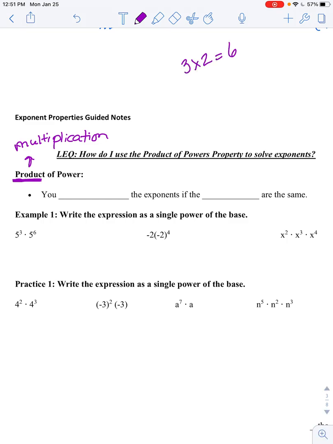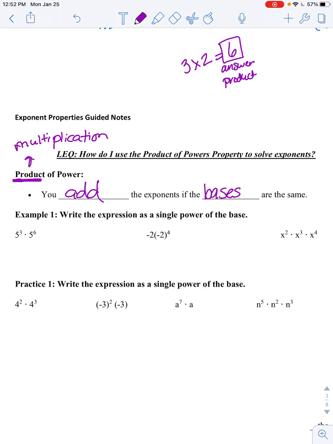If we did 2 times 3, 6 is the product. 6 is your answer or your product. The product of powers property tells us we add the exponents if the bases are the same, and this only deals with multiplication.